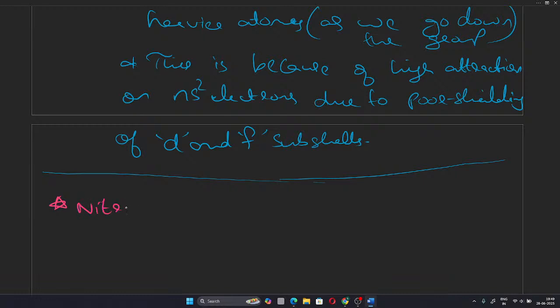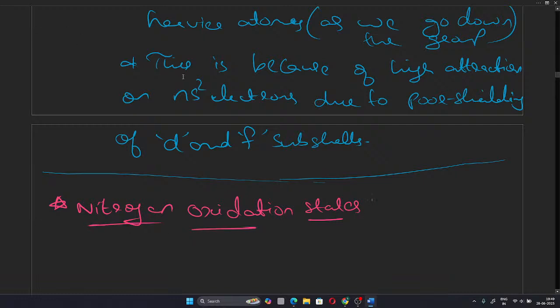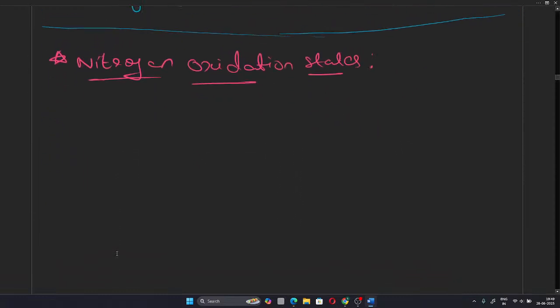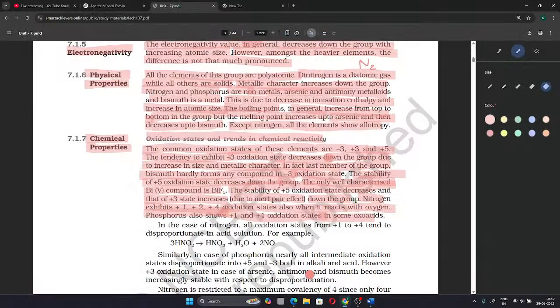Nitrogen oxidation states. Nitrogen exhibits +1, +2 and +4 oxidation states when it reacts with oxygen.